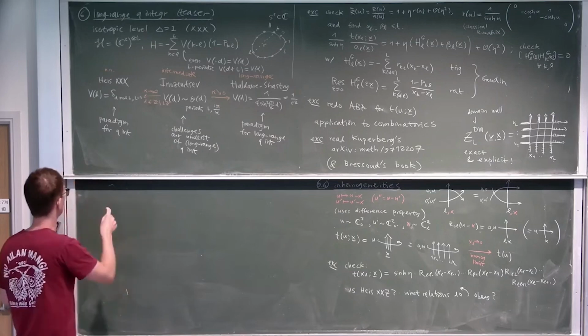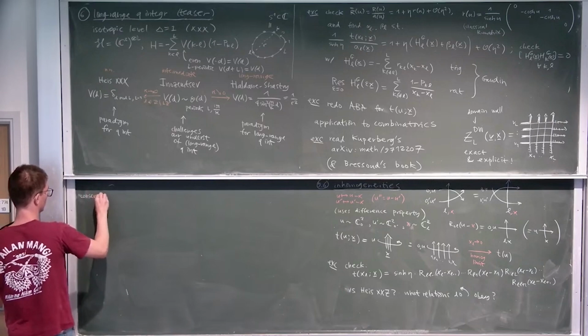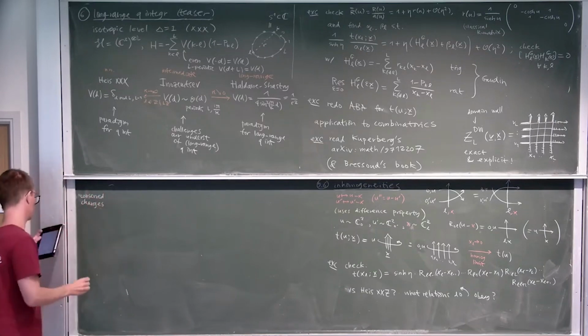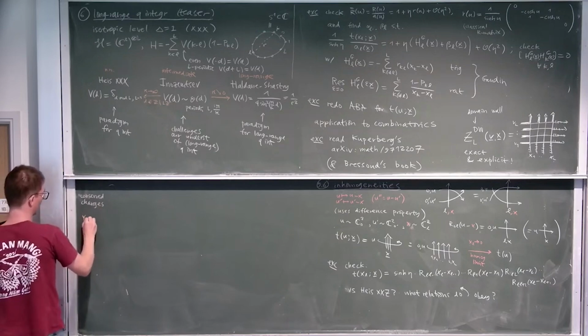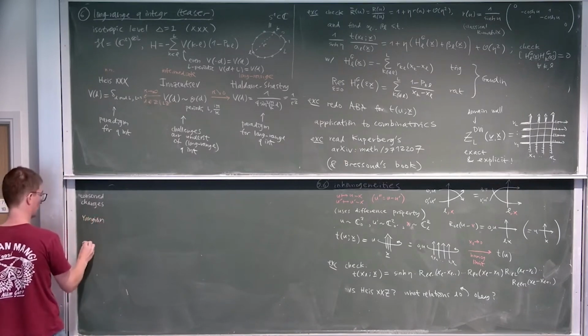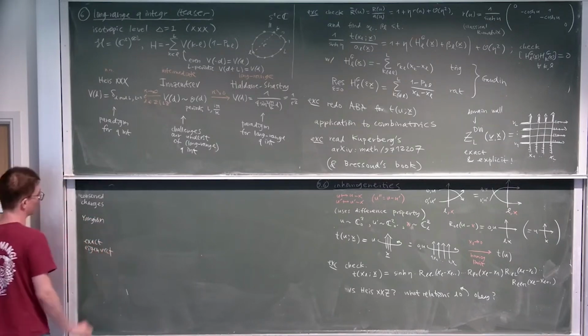We'll have 3 little headings. First is the conserved charges. The second one is whether there's an underlying Yangian in this case. And the third one is what the exact eigenvectors are.